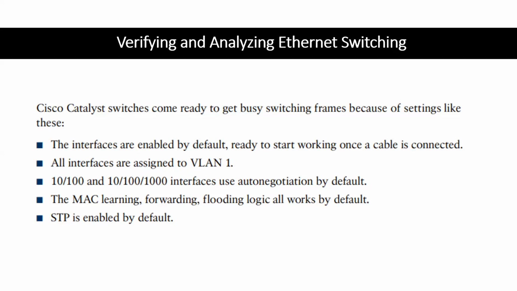10/100 and 10/100/1000 interfaces use auto negotiation by default. What does that mean? 10 megabit per second, 100 megabit per second, and 1,000 megabit per second interfaces on switches auto negotiate the speed by default.